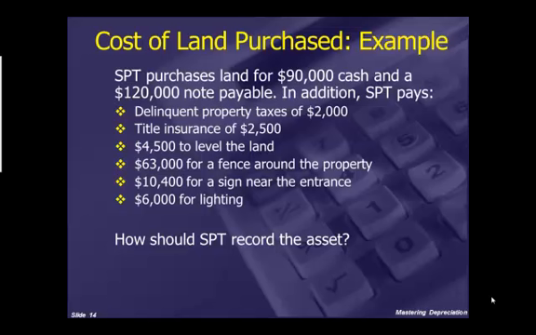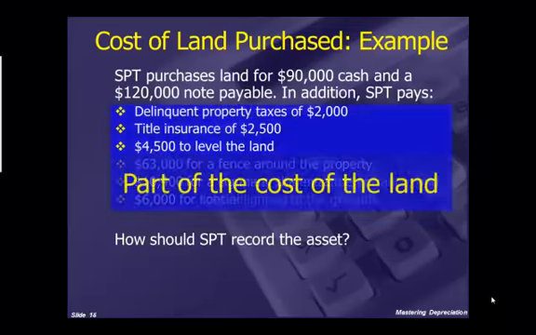So now the question is, how should SPT record the assets? And we have several assets here. We have land, we have building, we have land improvements. So let's see what happens. Part of the cost of the land will be the delinquent property taxes.